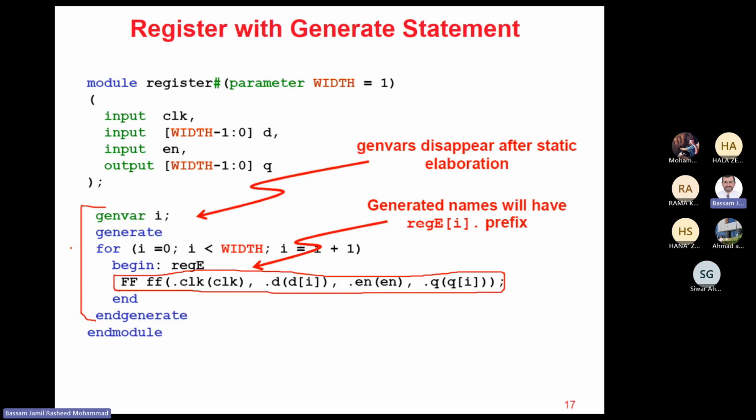To save me typing, I can use this generate statement, which will generate this statement for as many times as this loop goes. So it saves space in typing Verilog.